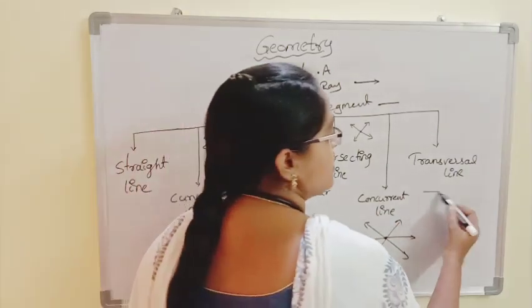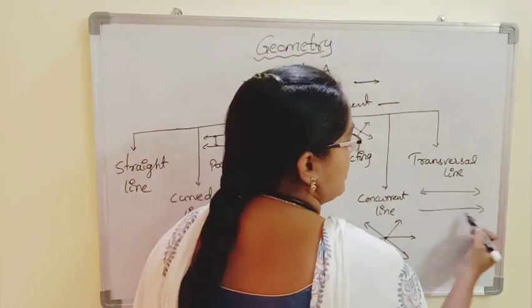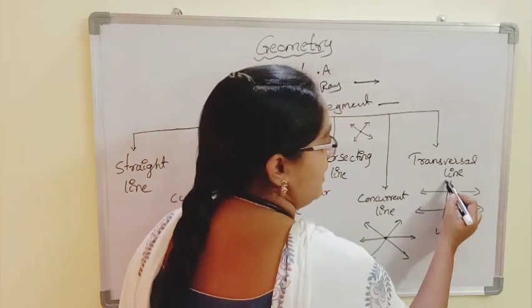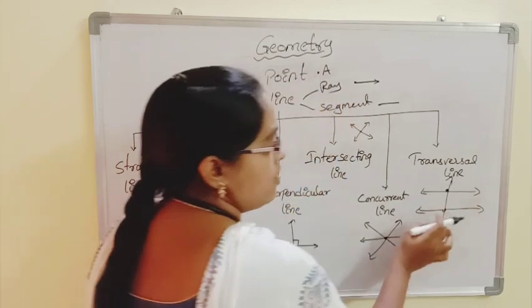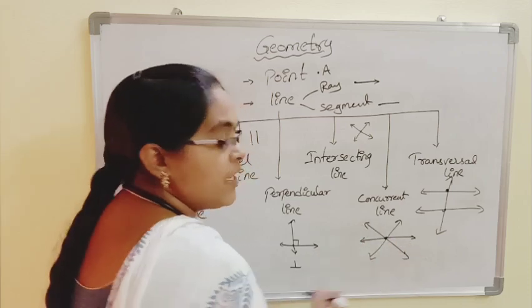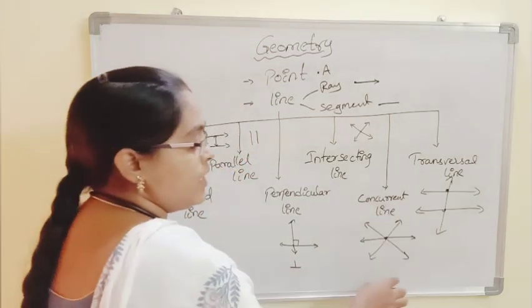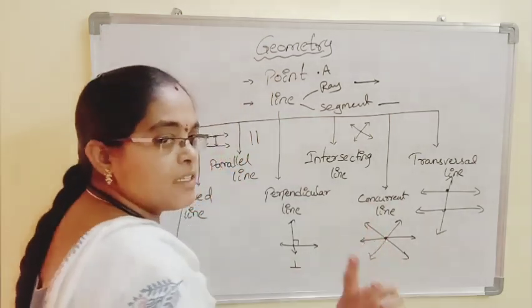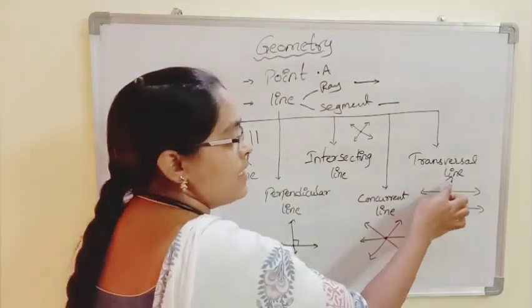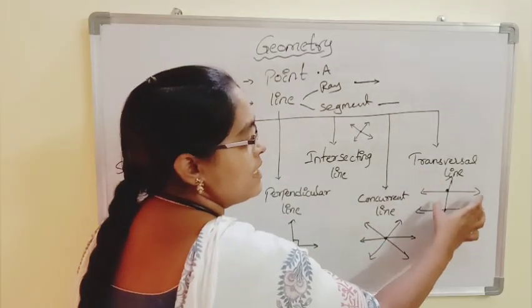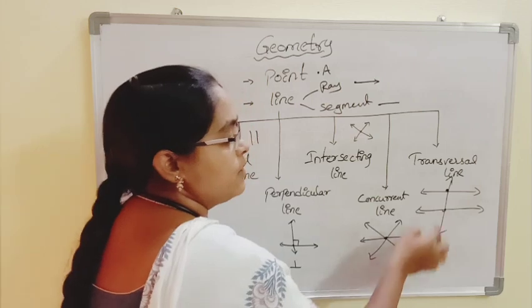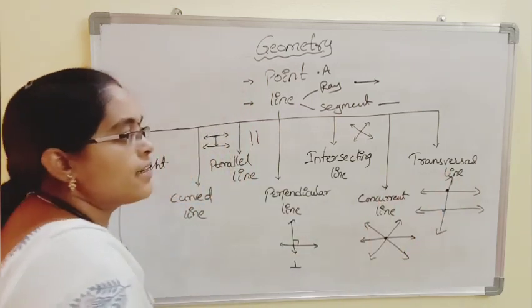Coming to a transversal, it is a line which intersects two or more lines at distinct points. See, here also three lines are there, here also three lines are there. But concurrent lines means three lines are intersecting at the same point. Transversal means this transversal line intersects these two lines at distinct points. So that line we are calling a transversal line.